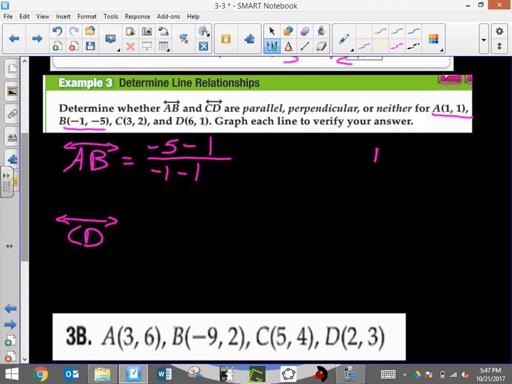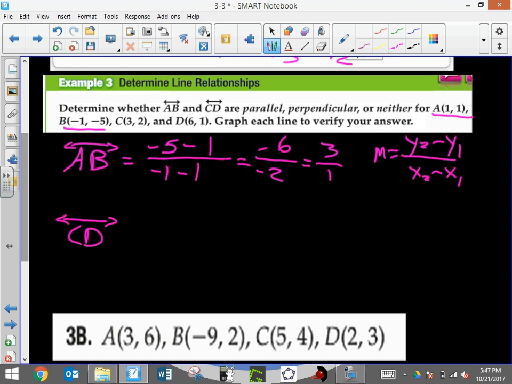Again, I'm just using the slope formula, y sub 2 minus y sub 1 over x sub 2 minus x sub 1. I'll go ahead and simplify this. So on top I've got -6 over -2, which simplifies to 3 or 3 over 1. I'm going to keep it as 3 over 1 for now.